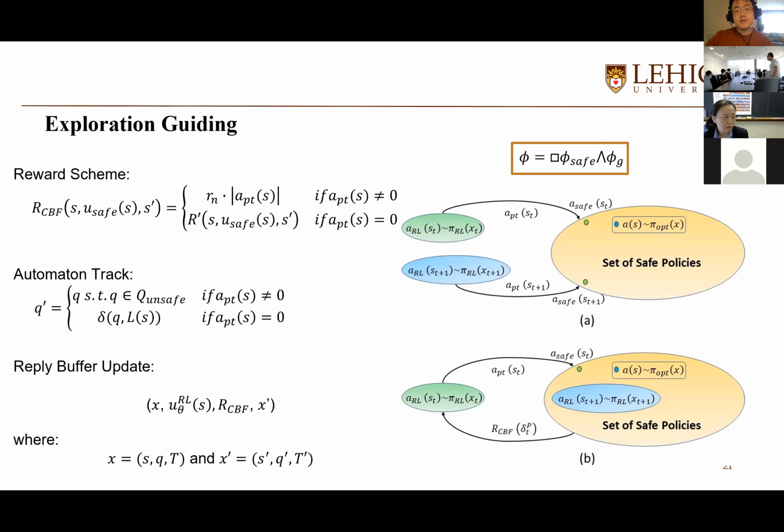No. Otherwise, the agent is still in the unsafe configuration, right? No, because recall that each state has 3 components. S is the dynamics, Q is the automaton state. Our S state is always safe because we use the safe controllers for the executions, but we can change the Q state.